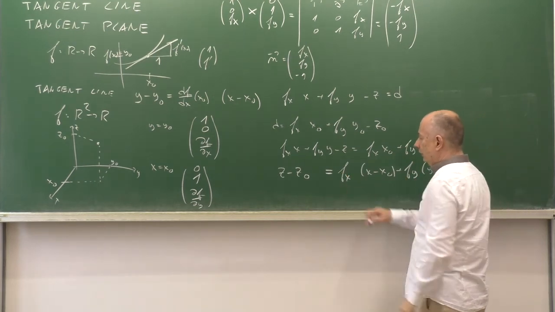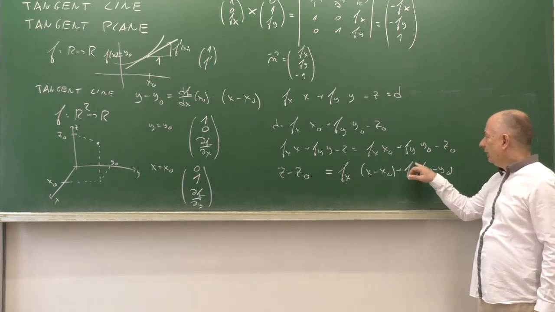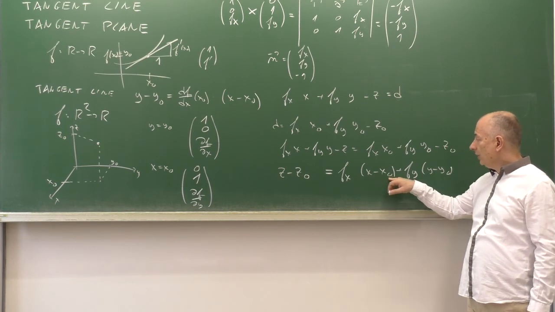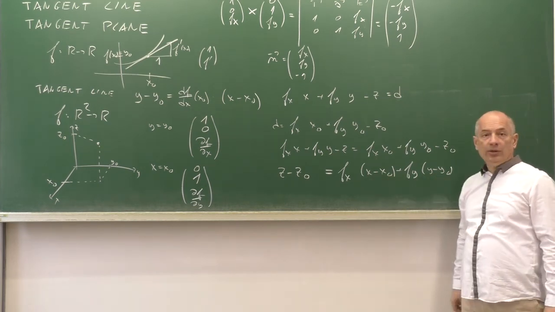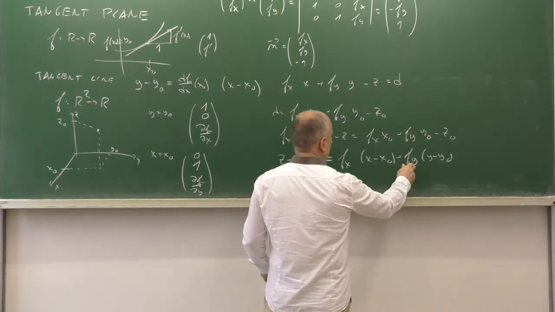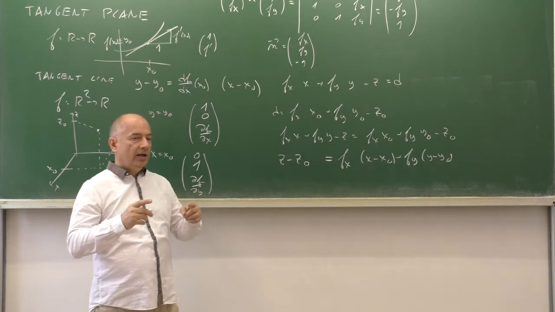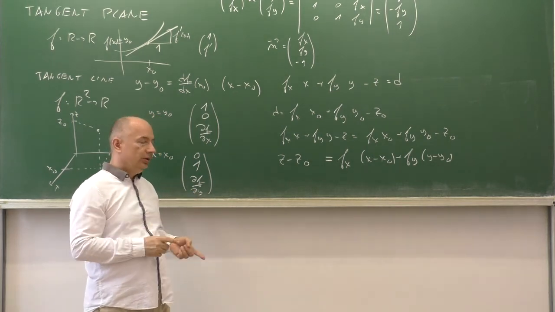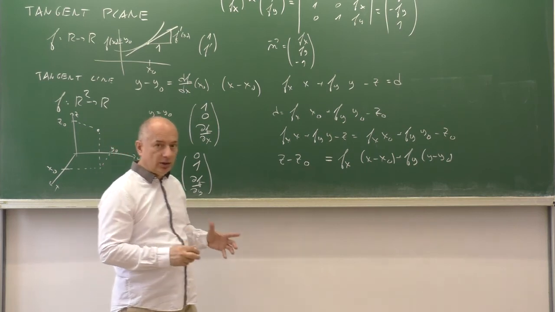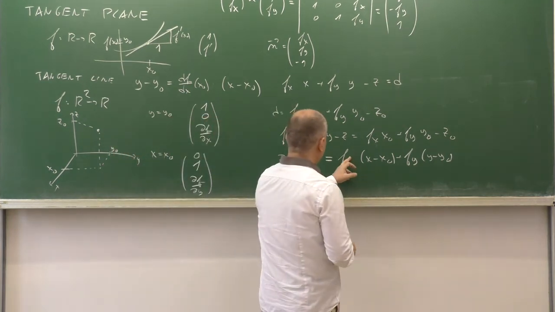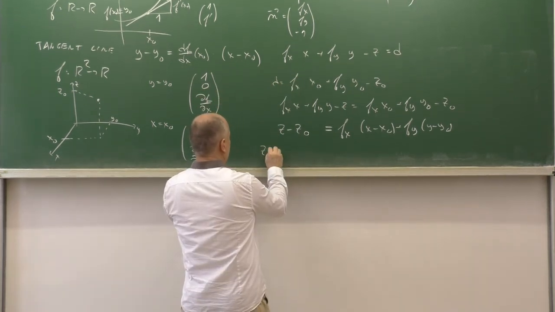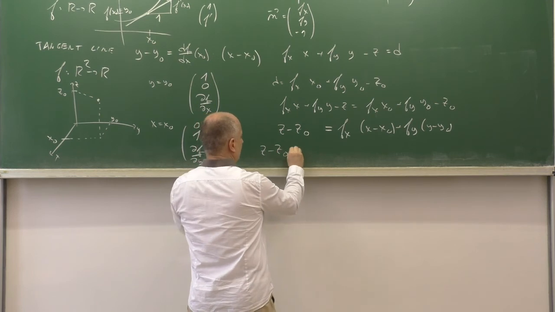Instead of derivative with respect to x, we have derivative with respect to y. And instead of x minus x0, we have y minus y0. And that's all. These two partial derivatives are evaluated at the point of tangency, at the point x0, y0. So this is a constant, not a function. So in a more explicit notation, it would read z minus z0 is.